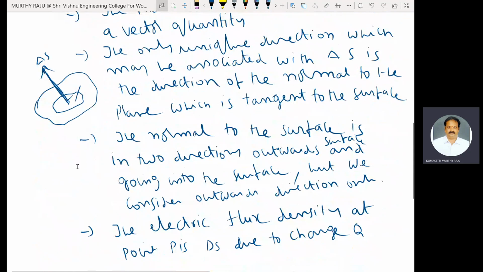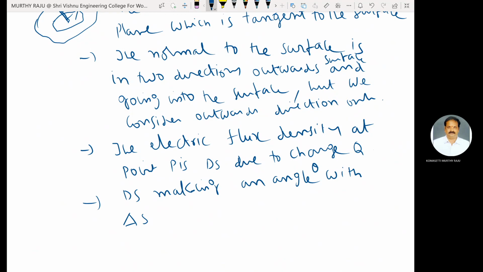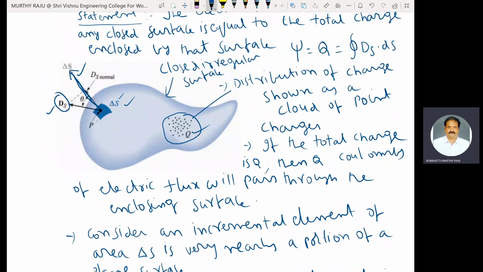D_s making an angle theta with delta S. It makes an angle theta with the normal direction at point P. This D_s is the electric flux density at point P due to charge Q. Delta S is the normal to the plane surface.